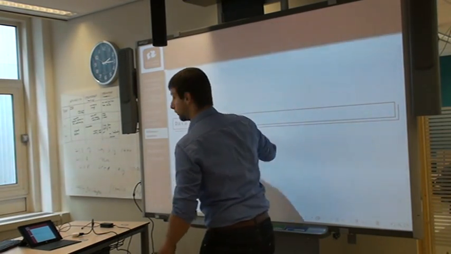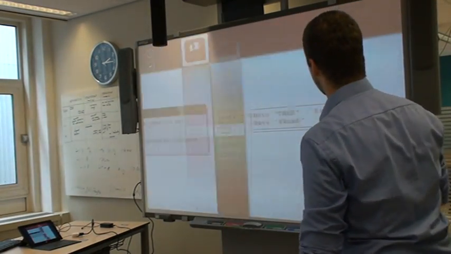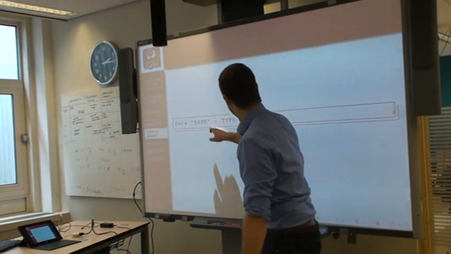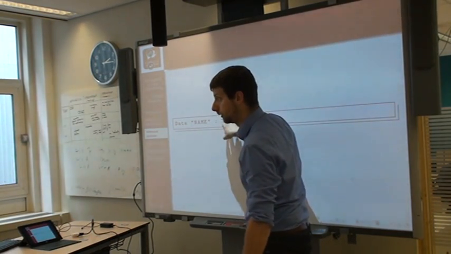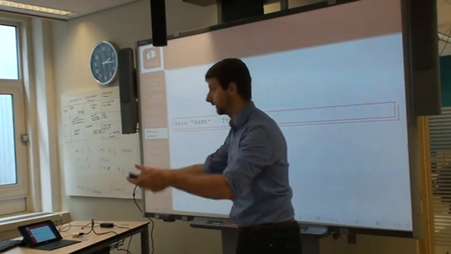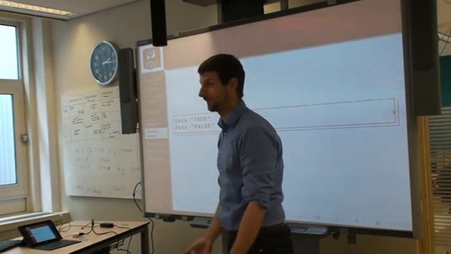So John is a person. Okay? So we can now use John whenever a person is expected. If we say John is a person, then whenever we expect a person, we can put John there. Okay? Or Kees, since we are in the Netherlands.